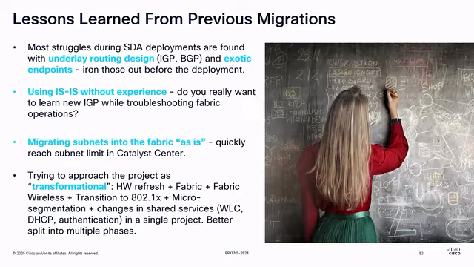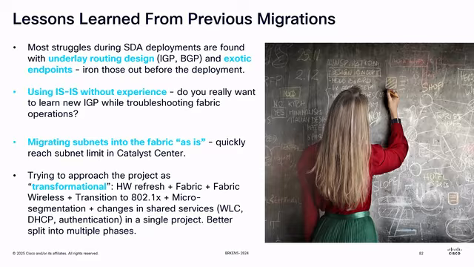And the last bit is a bit controversial. Some customers try to approach this project as transformational. So they're doing everything in one go. Hardware refresh, fabric wireless, transition to .1x, sometimes even changing shared services, all in one go. So you have the old world and the new world with all the bells and whistles in one go. I'm not saying it's impossible, but sometimes it takes a lot of time to build and a lot of time to test.